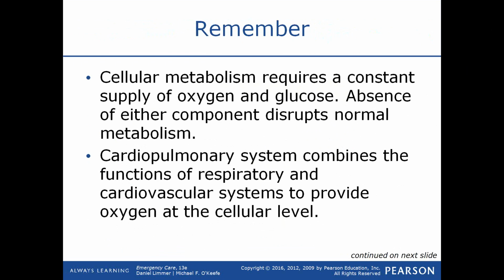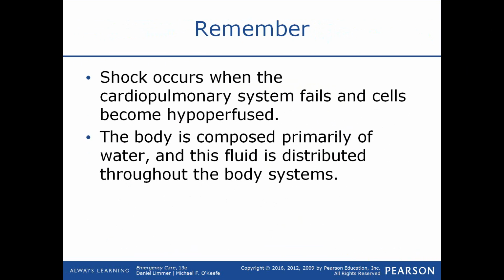We have to be able to get that air into our lungs, where the alveoli fill up with that freshly oxygenated air, and oxygen moves into the pulmonary capillaries, and then an adequate blood pressure pushes that blood to all parts of the body, to all tissues of the body, so that cells can receive the oxygen they need in order to live. Shock occurs when the cardiopulmonary system fails, and cells no longer receive an adequate oxygen supply.